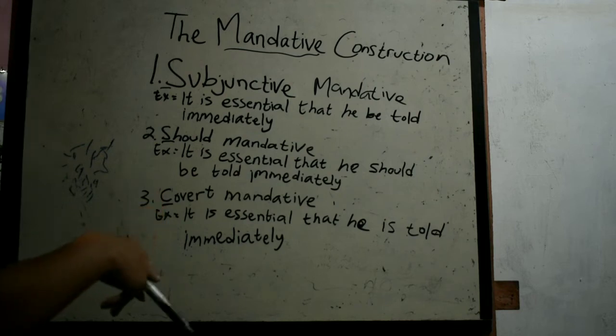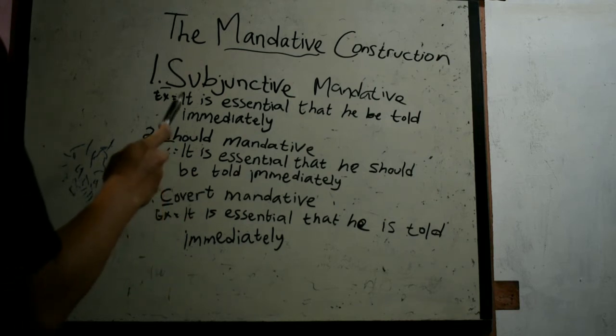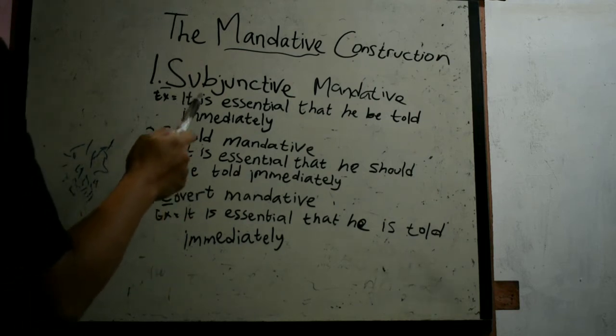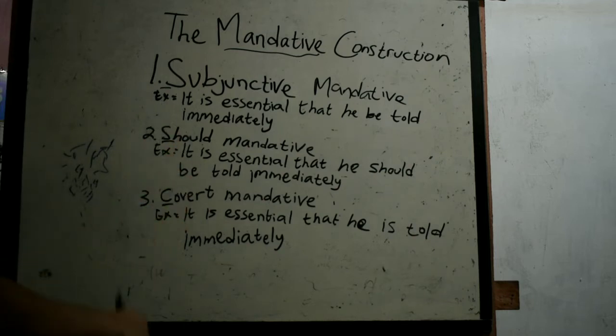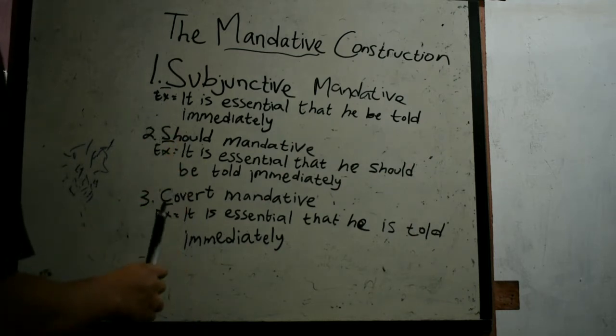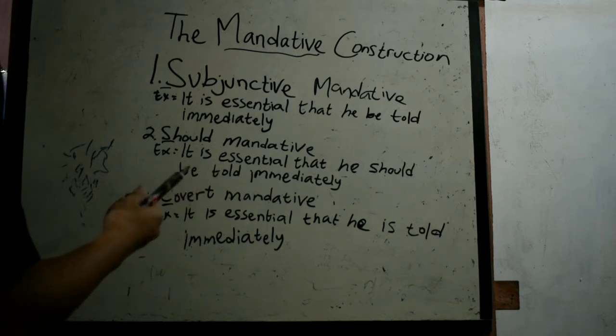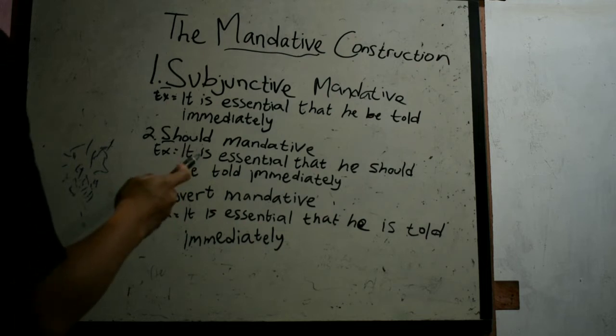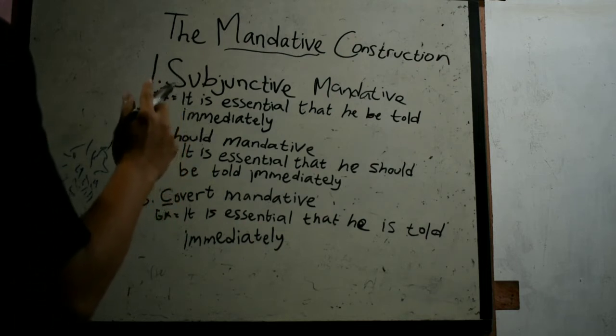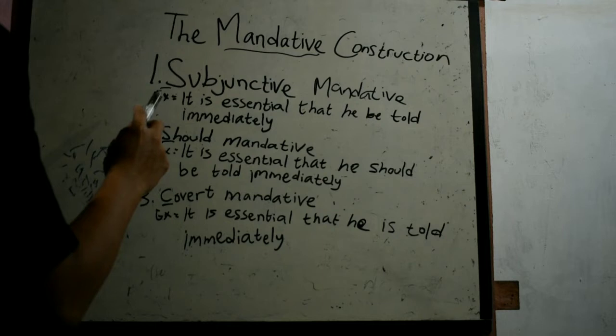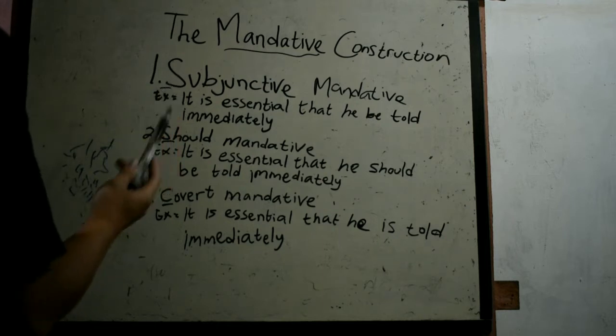Subjunctive mandative is used with clauses that usually, but not always, begin with expressions of demand, requirement, request, and recommendation. It is indicated by the use of the base form of the verb with a singular subject.